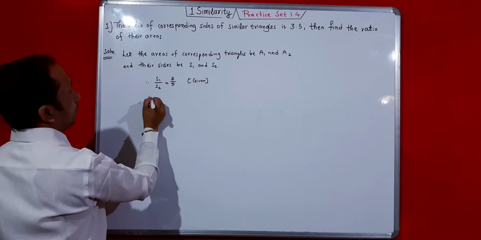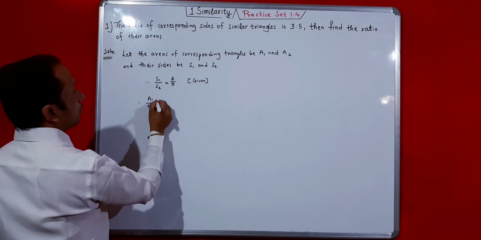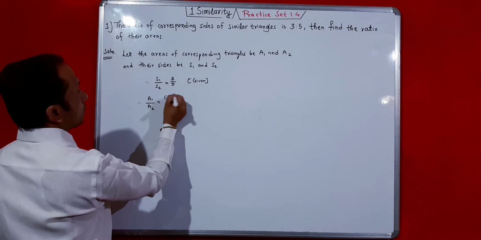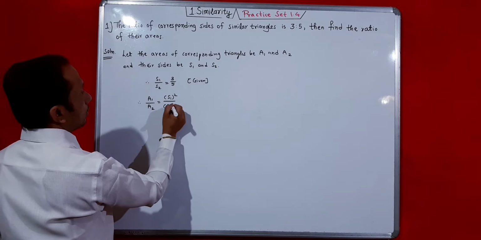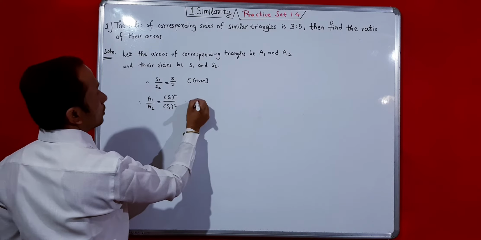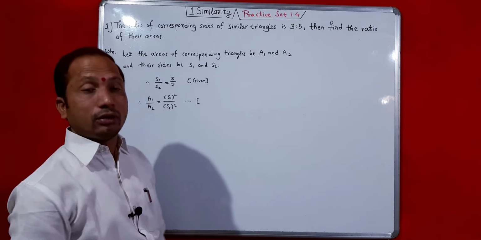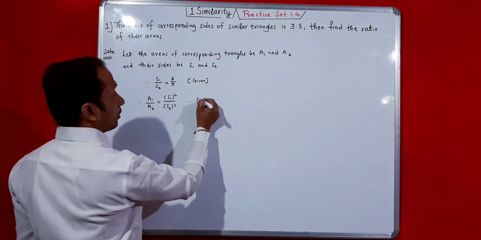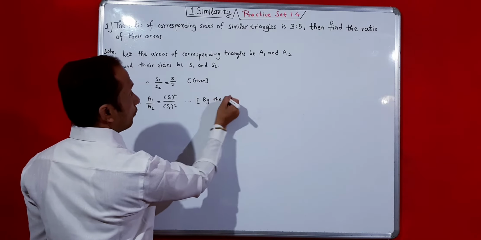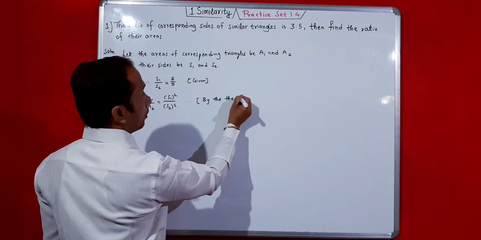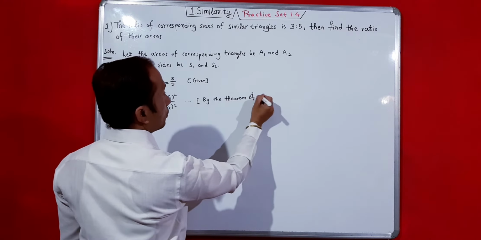Therefore A1 upon A2 is equal to S1 square upon S2 square. This is by the theorem of ratio of areas of similar triangles.